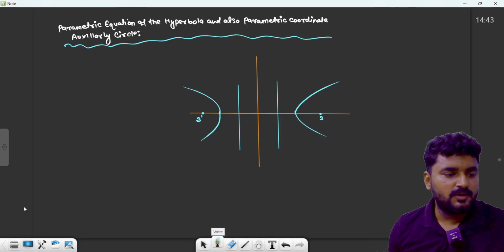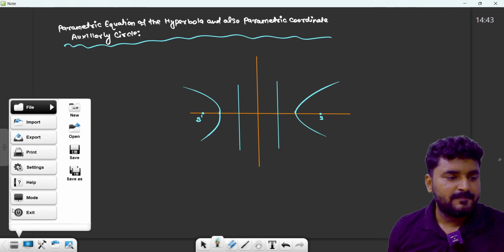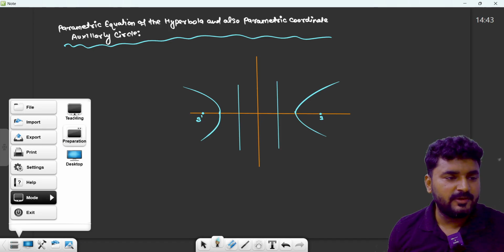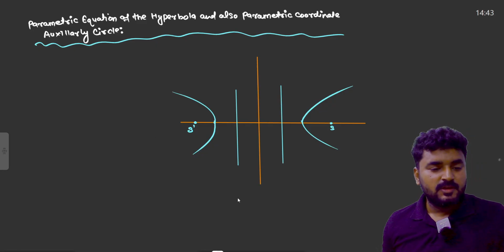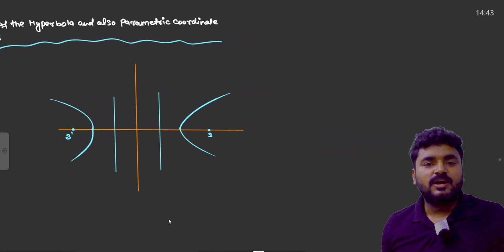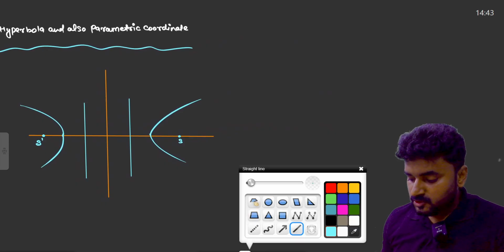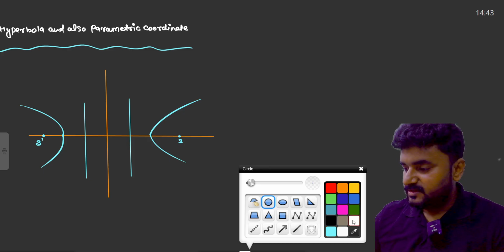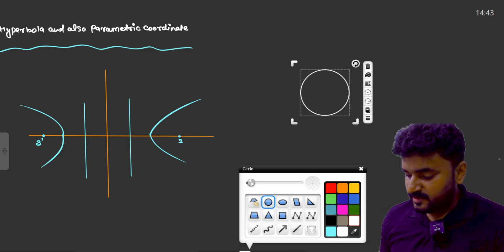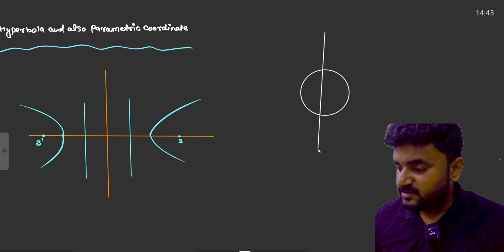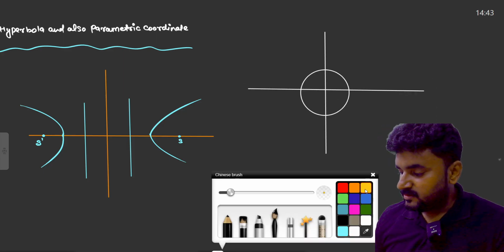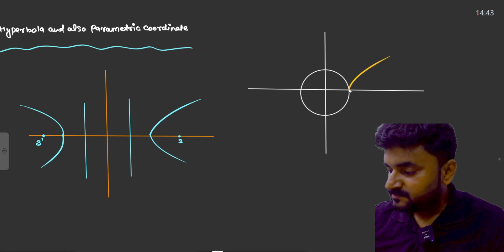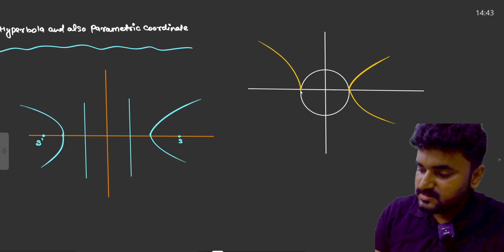So now we are going to see the auxiliary circle on the hyperbola. The auxiliary circle is that circle which is touching the hyperbola. So for that I am making one circle like this. And now you can see this circle with the hyperbola is like this.